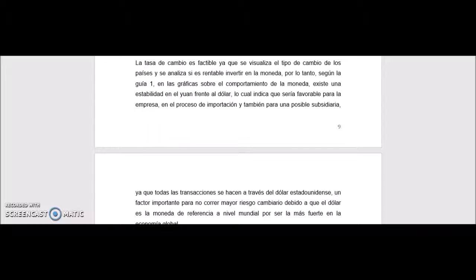Well, so it's evident that the exchange rate is feasible, as we already visualized the exchange rate between those countries. It is very good to invest in that currency.